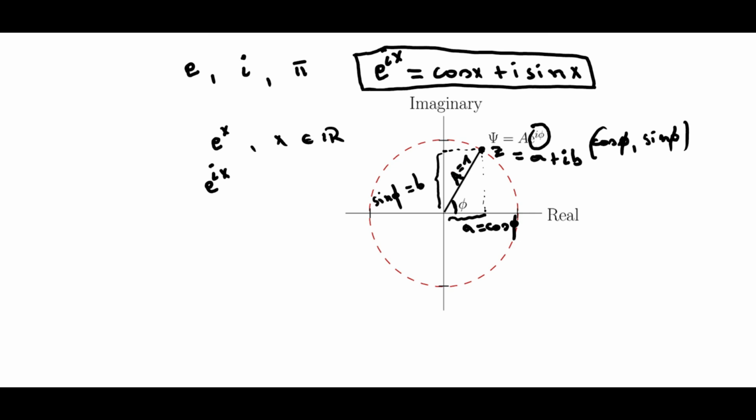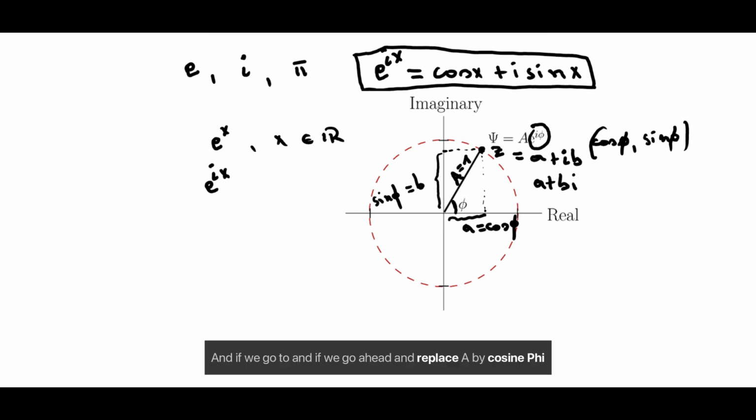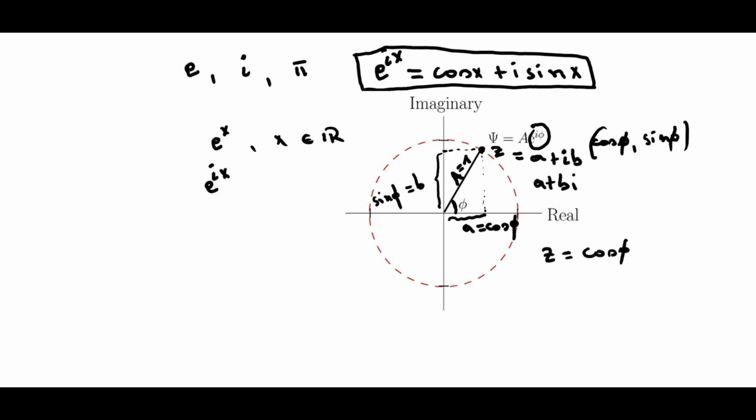We can write i times b, or just a + bi. And if we replace a by cos φ and b by sin φ, then z will be equal to cos φ plus i times b. B is sin φ.